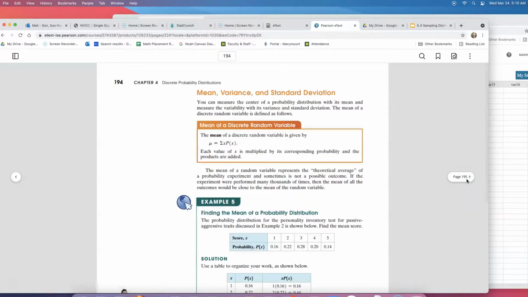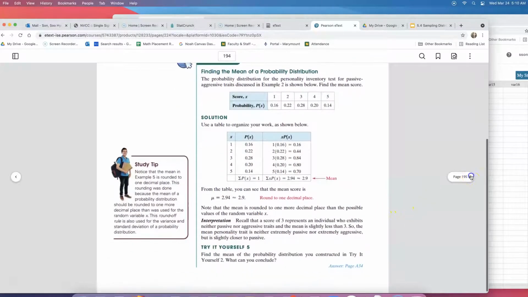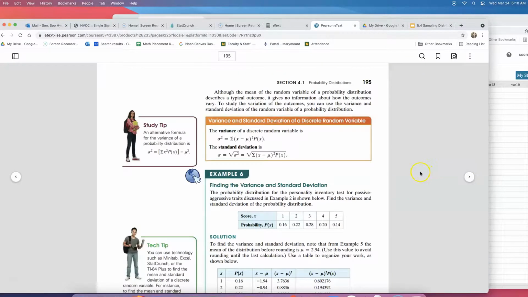Oh, so, okay, hold on. On page number, not this one, one more page. I apologize. Okay, right here, 195, they gave you a formula to find the probability distributions, variance, and standard deviation on this little orange box.